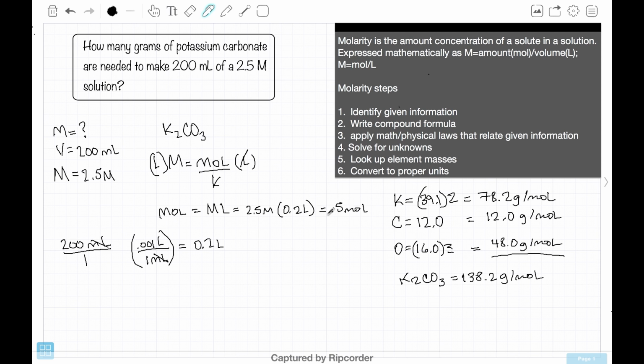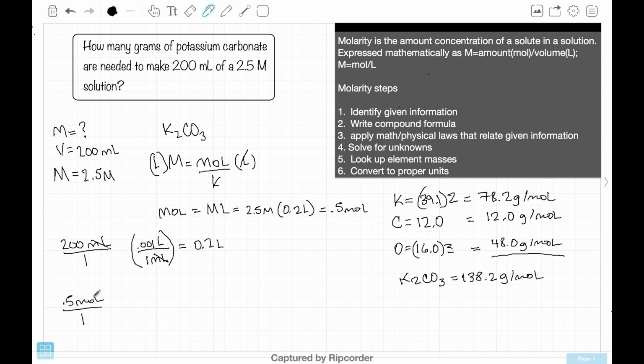So now we found a relationship between grams and moles for potassium carbonate, and we'll be able to convert the 0.5 moles over to grams. So let's do that. We have 0.5 moles, and similar to the conversion we did over here, I'm going to show the division of 1 on the bottom, and let's write our ratio for that relationship.